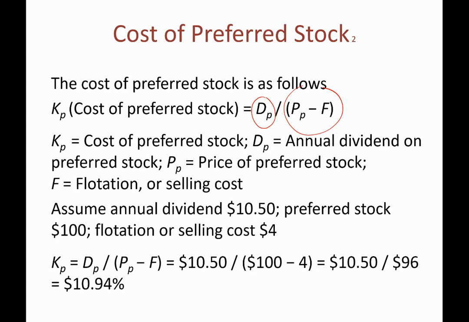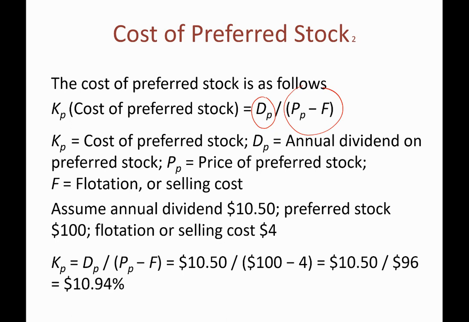And here they give an example. Assuming you have an annual dividend of $10.50, and the preferred stock is $100. That's the selling price, and the flotation or selling cost is $4.